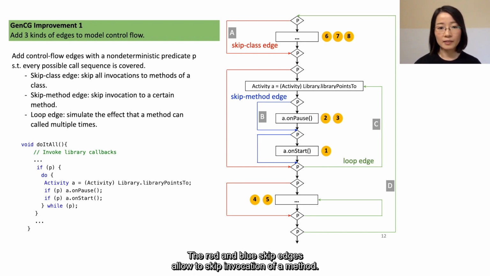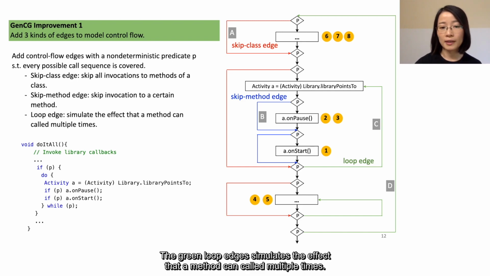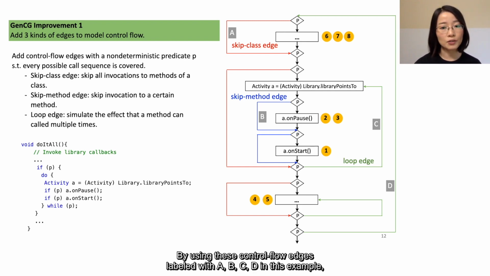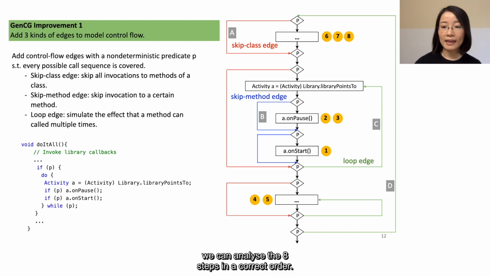The red and the blue skip edges, as you see on the right side of the slide, allow to skip invocation of a method. The green loop edges simulate the effect that a method can be called multiple times. By using these control flow edges labeled with A, B, C, D in the example, we can analyze then the 8 steps in a correct order.